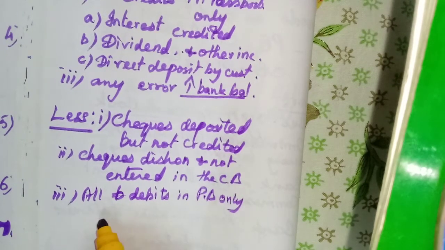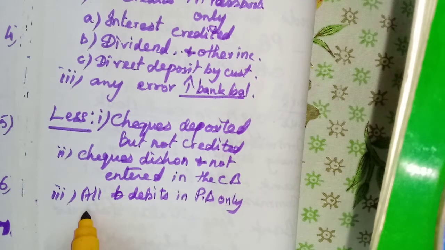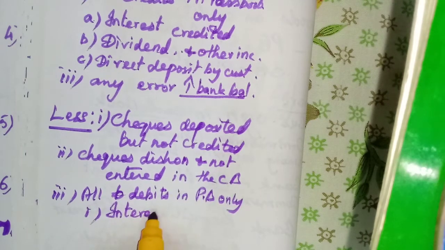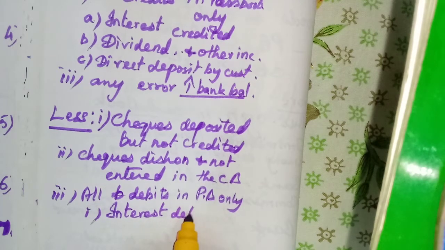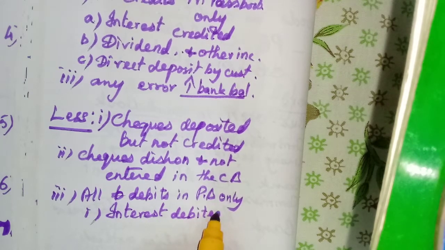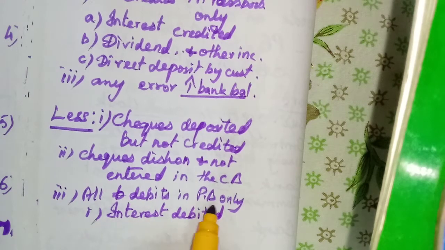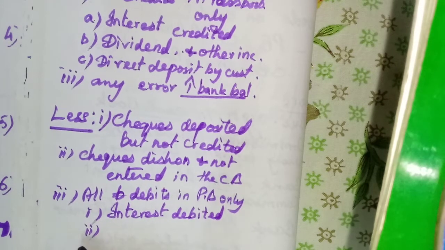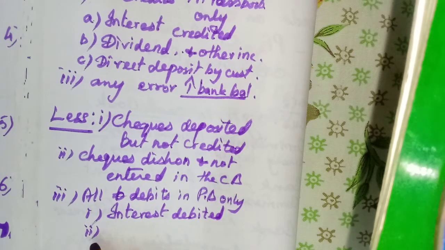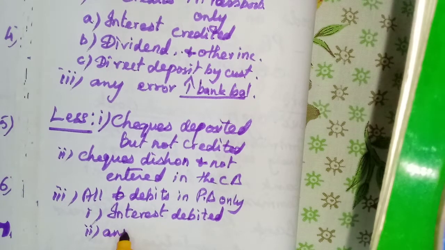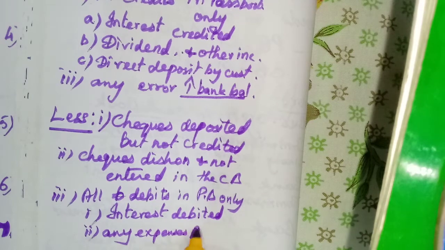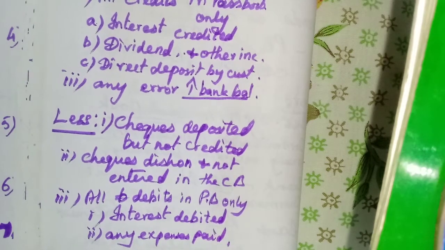What are the debits that we can have? Any interest on loan, interest on bank overdraft. We have learned that any interest debited appears only in the passbook. In the cash book we will not enter it. Then any expense paid as per our instructions.